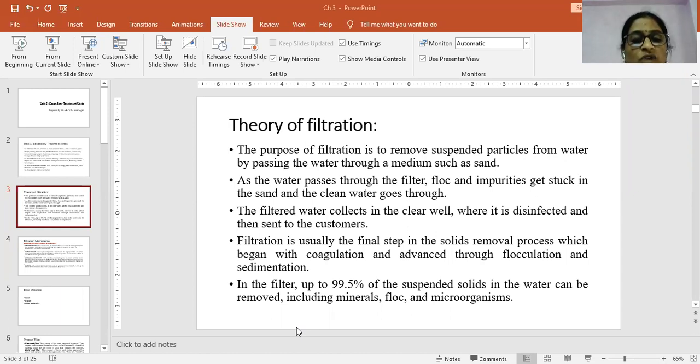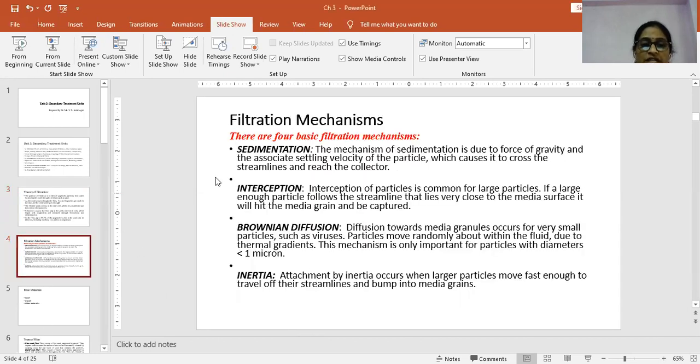Only 0.5% of microorganisms or bacterial growth will remain, and that can be removed by applying disinfection after the filtration. Understood? So this is the theory of filtration. I hope you understood. Now we will see in detail what the filtration mechanism is.